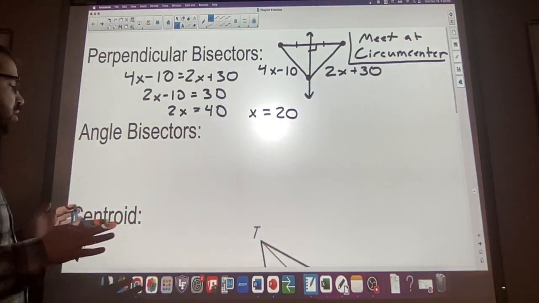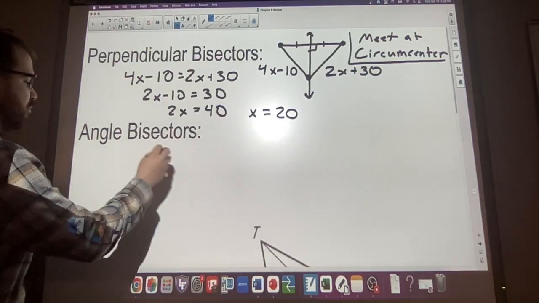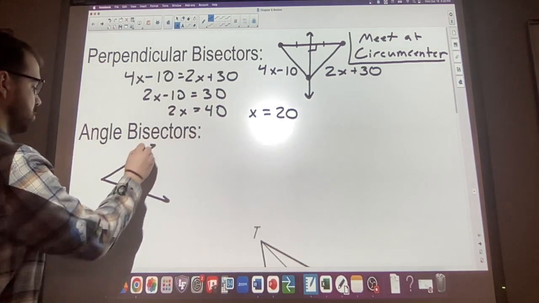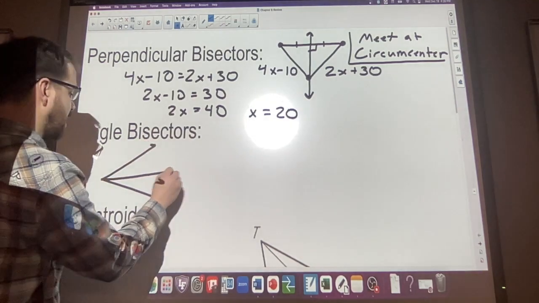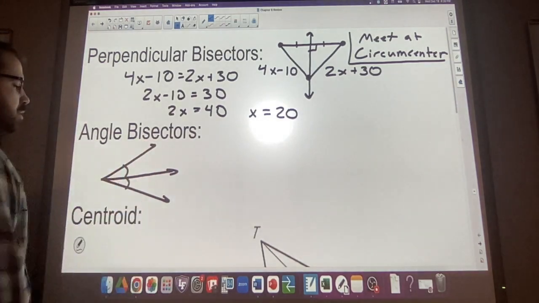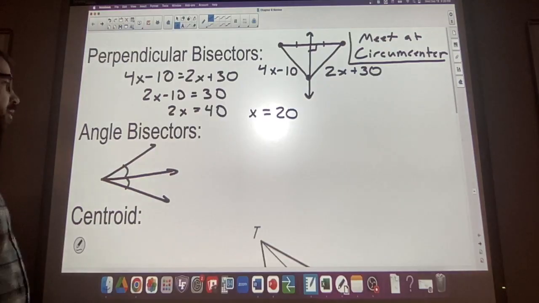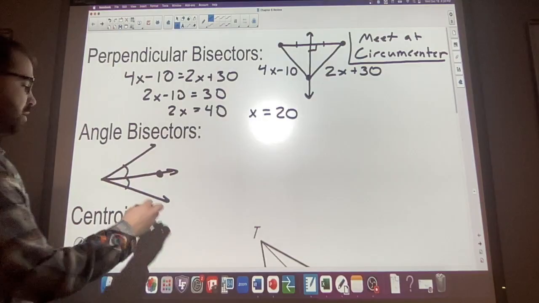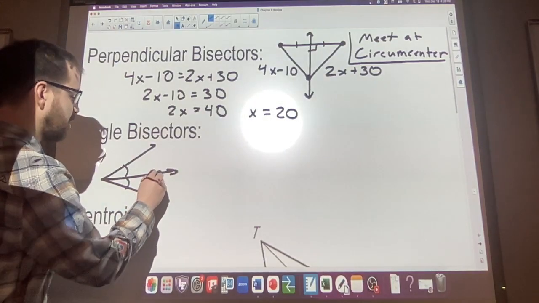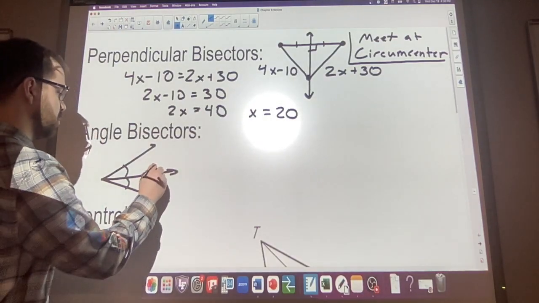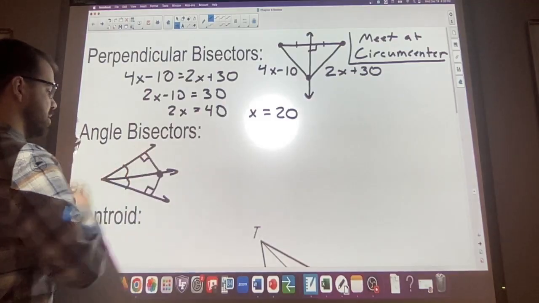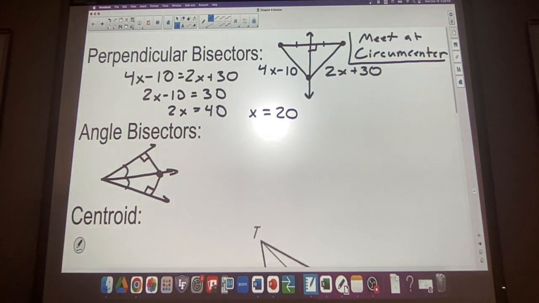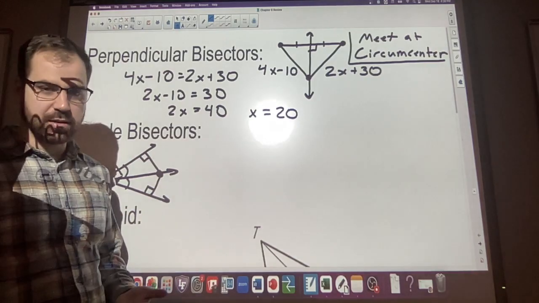All right, angle bisectors. So if we have an angle here, and it's being cut in half, like this, just like before, if we pick a point on this angle bisector and make a right angle with that point on the angle bisector, those have to be the same length, okay?